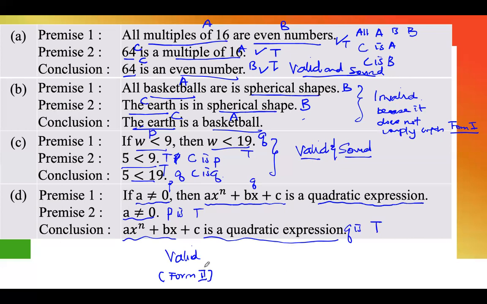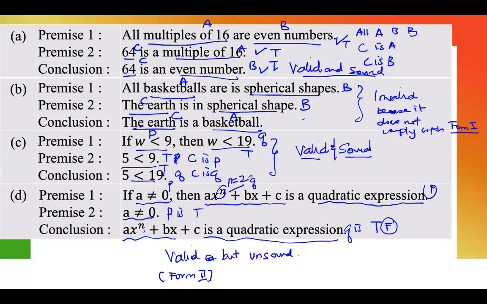But is it sound or unsound? So you can see here, this is unsound because if A not equal to 0, then this one is false, right? So this one is true, but this one is false, okay? Premise 1 and premise 2 are false, but we say valid but unsound, okay? Because one of them is false, so it's unsound. So for a quadratic expression, the n must be 2.